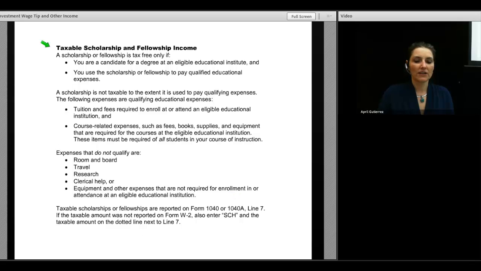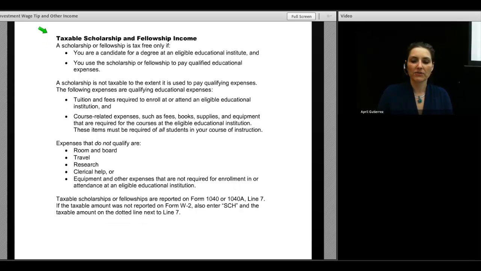Okay, the next category of wage we're going to look at is taxable scholarship and fellowship income. A scholarship or fellowship that you receive to pay for your college education is tax-free only if you are a candidate for a degree at an eligible educational institute and you use the scholarship or fellowship to pay qualified educational expenses.